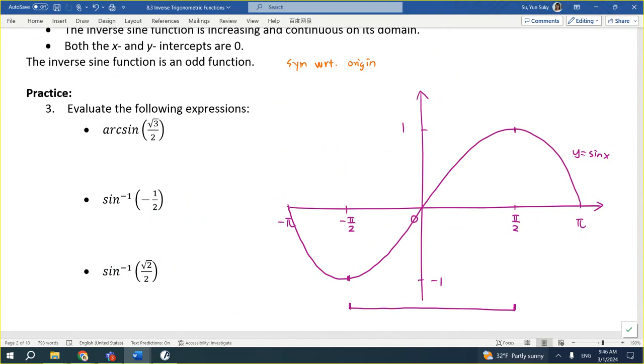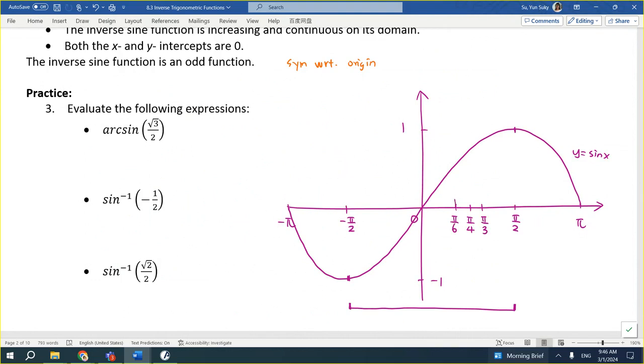Okay, now, how do we start? Do you still remember the common angle values? They are pi over 4, which is in the middle of pi over 2. And pi over 6 is when you cut this into 3 pieces. So then this is pi over 6, and this is pi over 3. Yes, everybody?